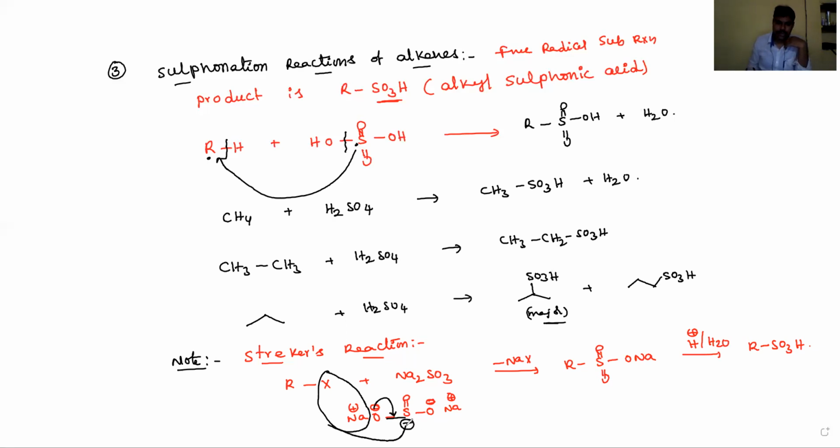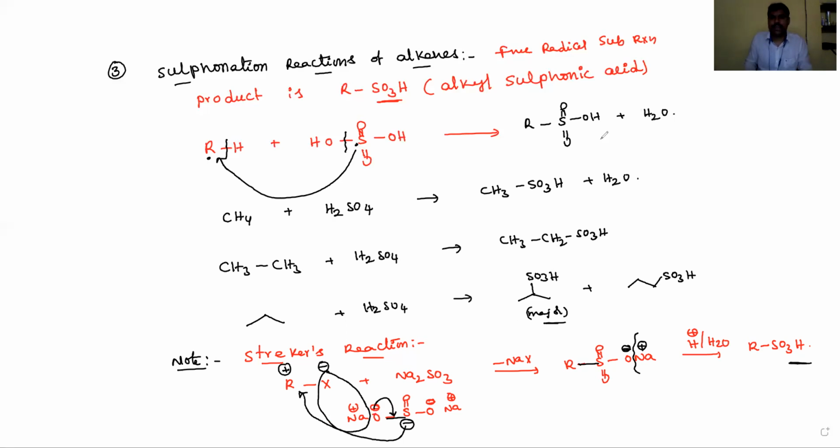That sulfur, with its negative charge, will attack the R, which is positive, and then forms RS(=O)(=O)ONa, with O minus and Na plus. On hydrolysis, it gives alkyl sulfonic acid. This reaction is known as Strecker's reaction. It is an alternative method for the synthesis of alkyl sulfonic acid when compared with alkanes.